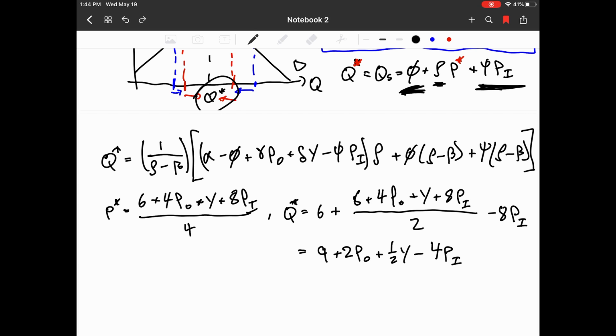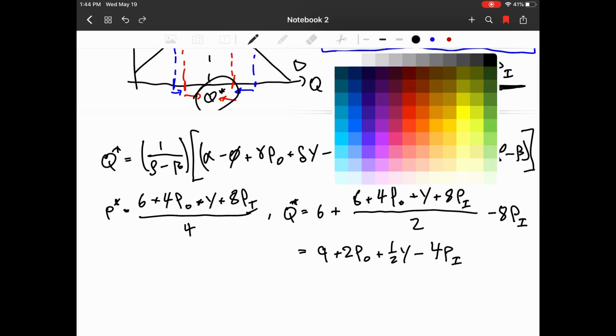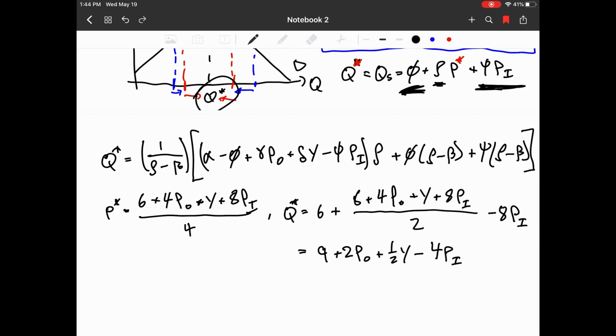This is just a matter of simplifying our relationships here. Okay, so once we have this, we can then plug in some actual values for our 3 variables. So we're going to use p0 equal 4, y equal 24, and pi equal 2.